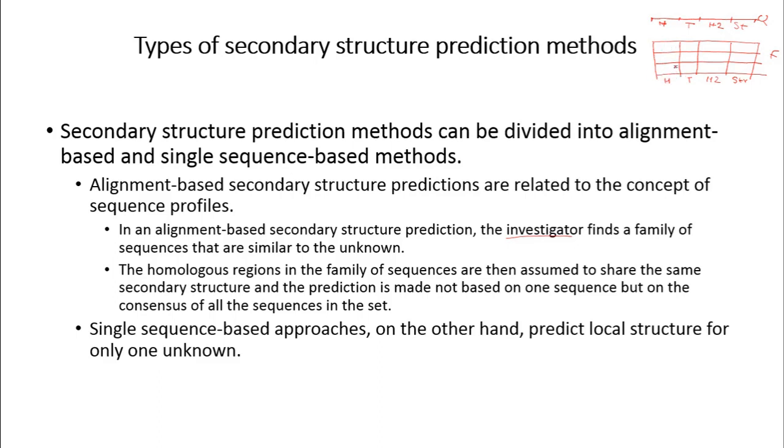right? And our sequence is also present in the same family. Therefore, our sequence might also have the same helix as the other members in the same family. Okay? Do you get this concept? Yes, sir.